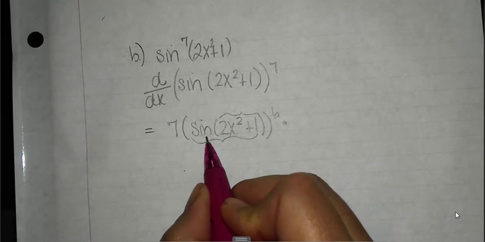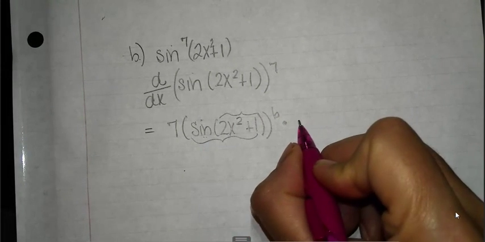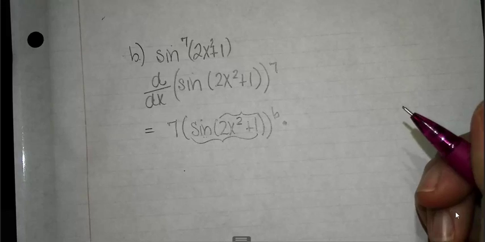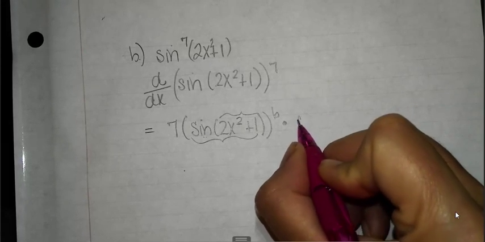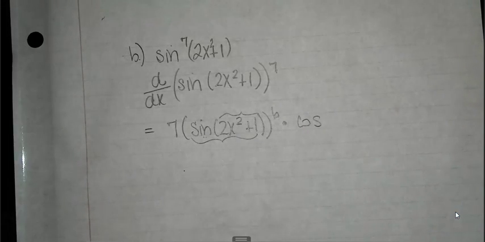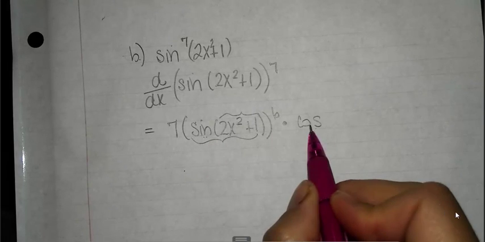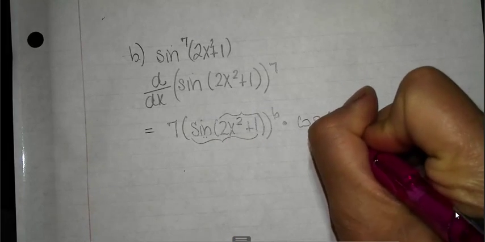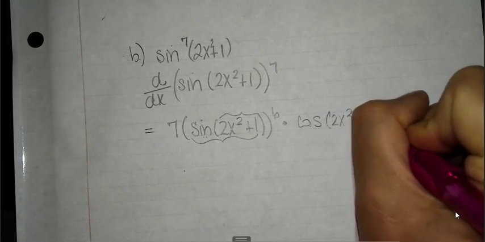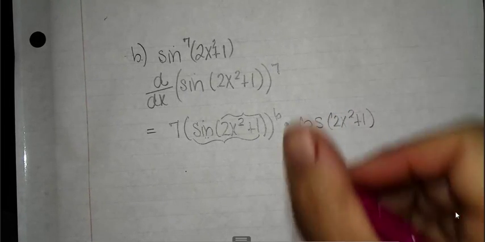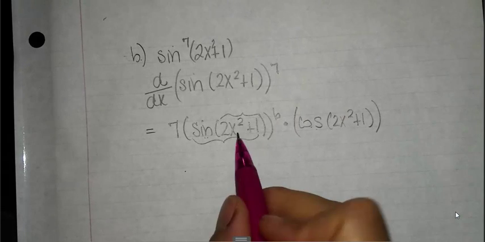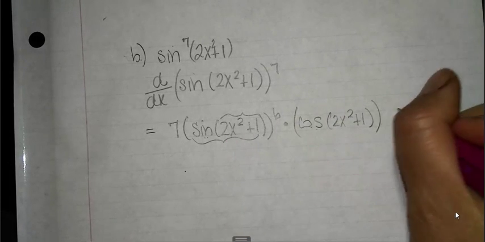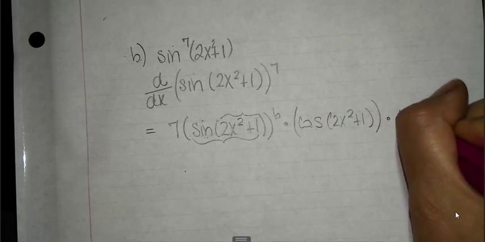The derivative of sine is negative cosine. That's not true. The derivative of sine is cosine. So I'm going to take the derivative of sine, and I get cosine of whatever this innermost function is, 2x squared plus 1. And then from there, I need to take the derivative of the innermost function, which ends up being 4x.